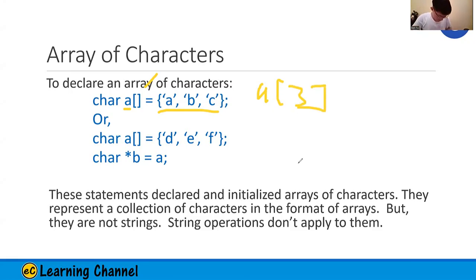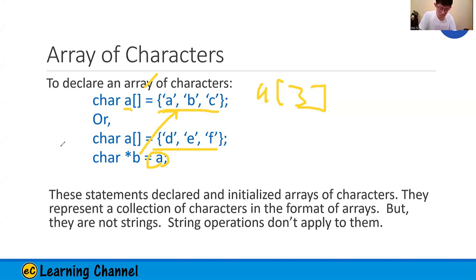It will create static memory for the ABC characters. This one, DEF. This one assigns A's memory address to B. So B will be pointing to the same array. Okay, any question?